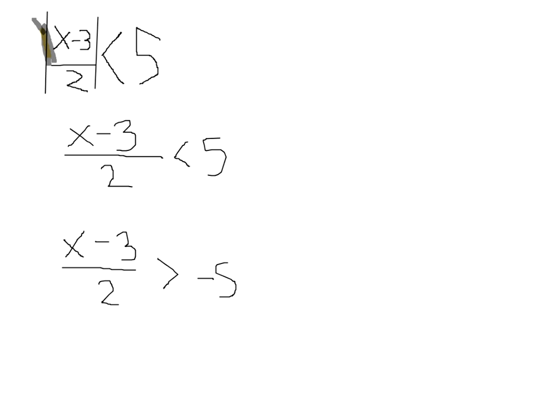Basically, whenever you're dealing with absolute value, you take the absolute value bars off and then you leave the original inequality as is, but then whenever you use the opposite number, you change the inequality. So for instance, if the original inequality was the absolute value of x minus 3 over 2 is greater than 5, then whenever we take the absolute value off, it's still going to be x minus 3 over 2 is greater than 5, but then it would be x minus 3 over 2 is less than -5.